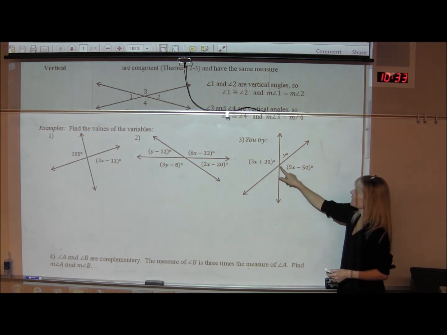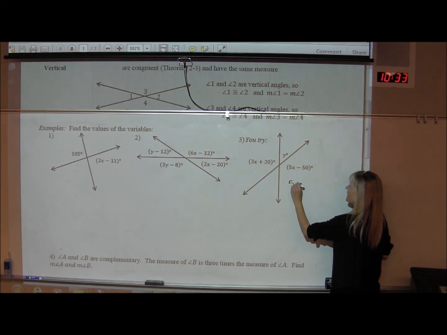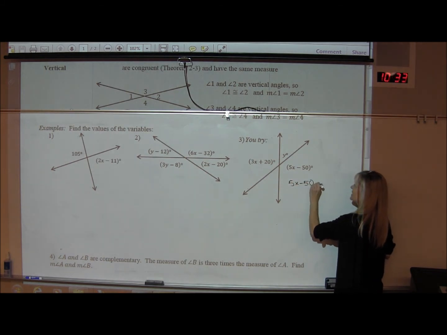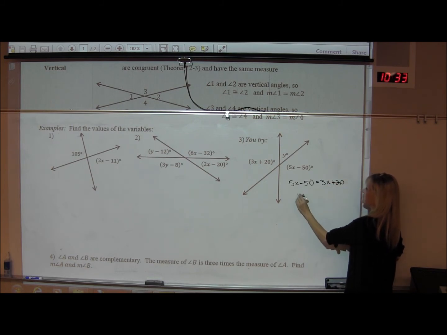So these are vertical angles, so we're going to set them equal. So then we have 5x minus 50 equals 3x plus 20. All right, so then we can subtract 3x from both sides and get 2x minus 50 equals 20.